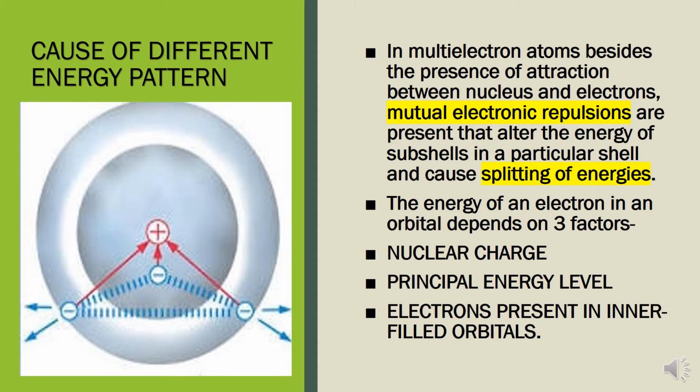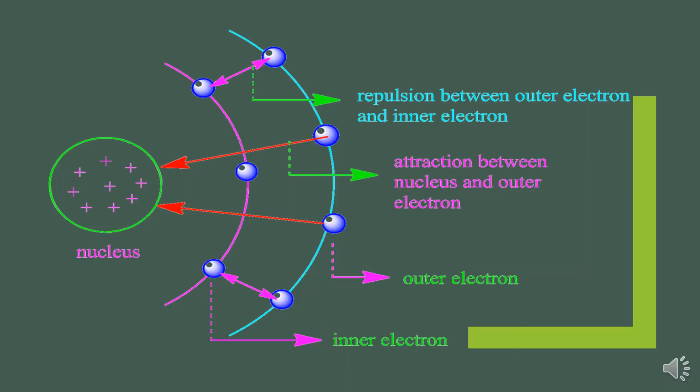Already filled orbitals, those with electrons, also exert a kind of repulsion on the outermost electrons. As you can see here, when electrons are present in various shells, the outermost electrons present in the outer shell are repelled by the inner electrons.